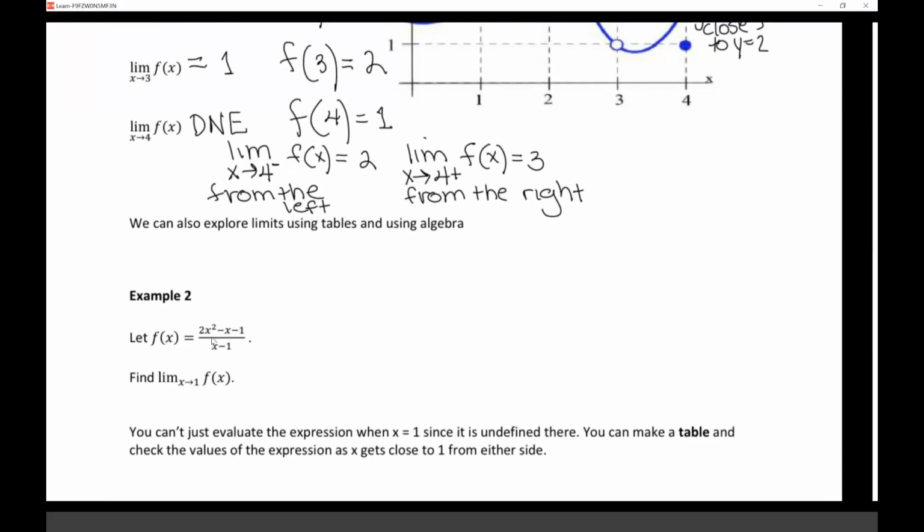All right, we've got a quadratic in the numerator and a linear in the denominator. So what kinds of functions have an x in the denominator like this?